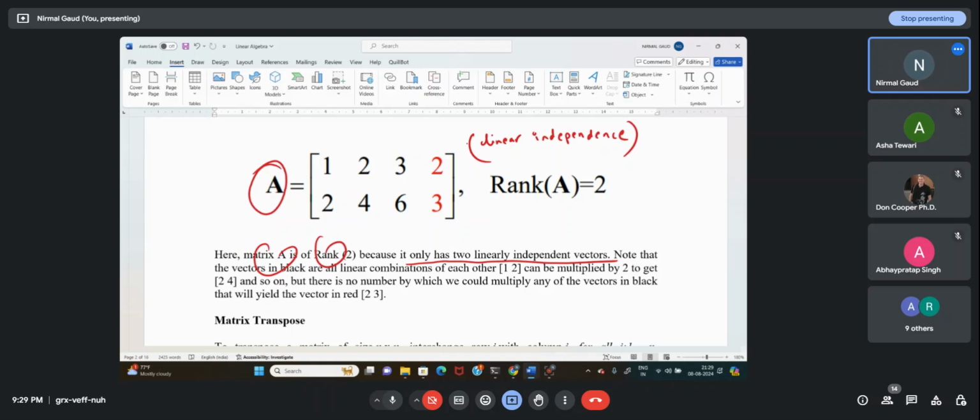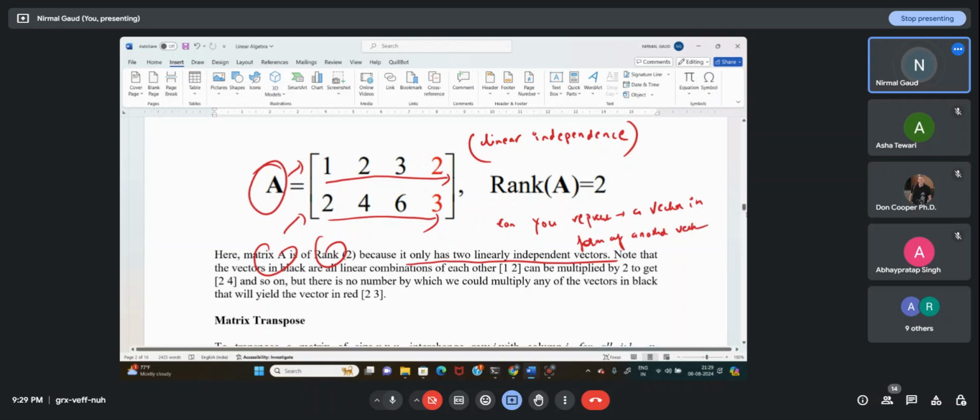See, this is one vector, this is another vector, and I cannot represent vector 2 in terms of vector 1. So linear independence is trying to identify that thing only: can you represent a vector in the form of another vector?